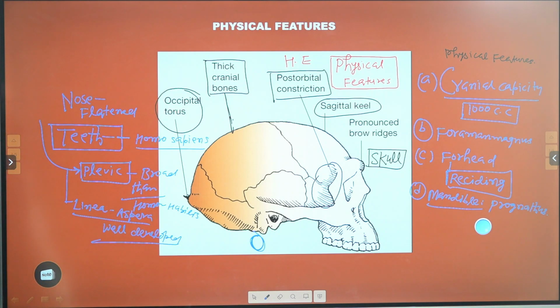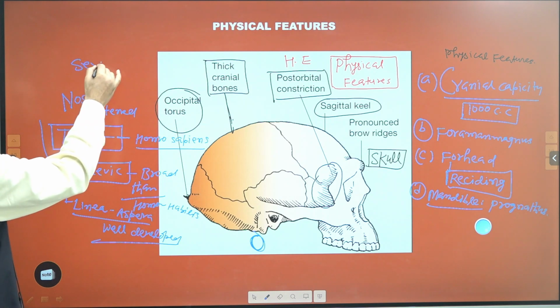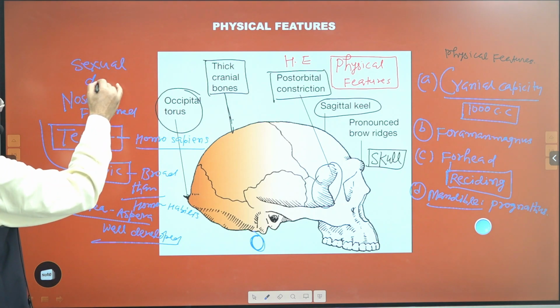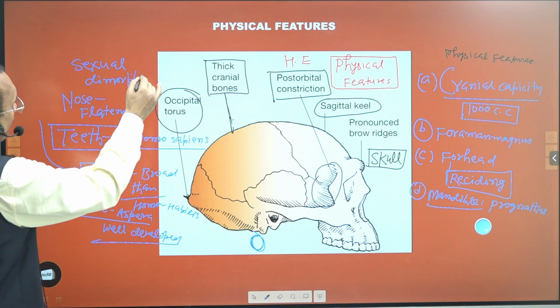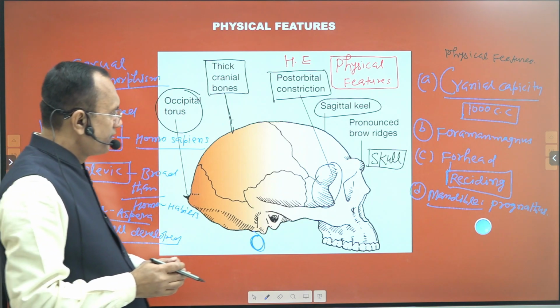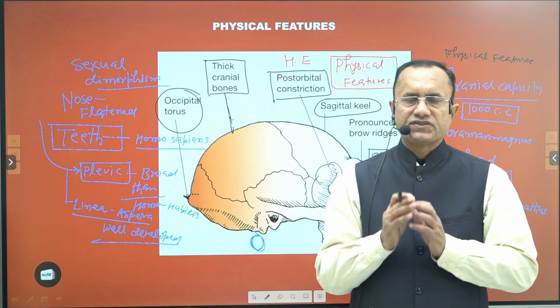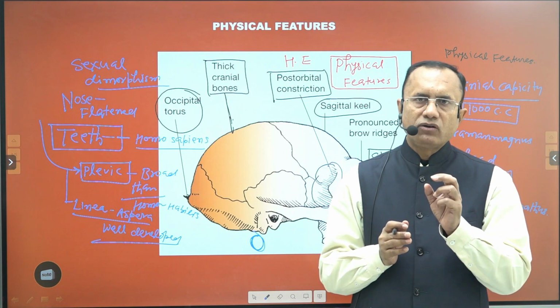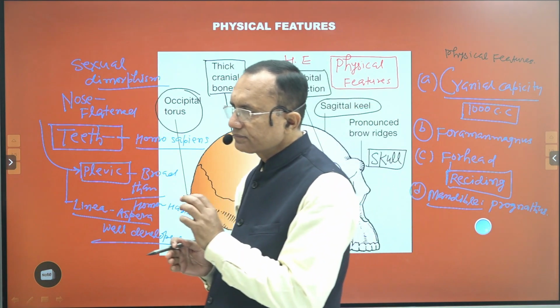And then you have to talk also about sexual dimorphism. So sexual dimorphism was present in Homo erectus. So on the basis of those important features, you will be able to write about the physical characteristics of Homo erectus.